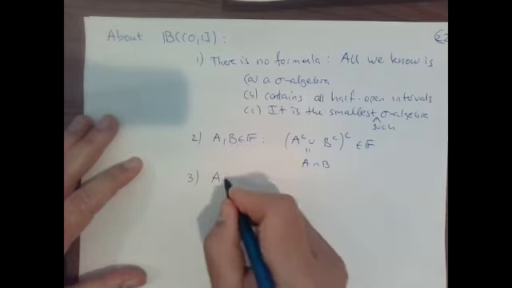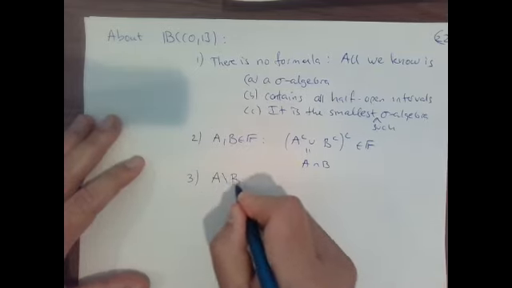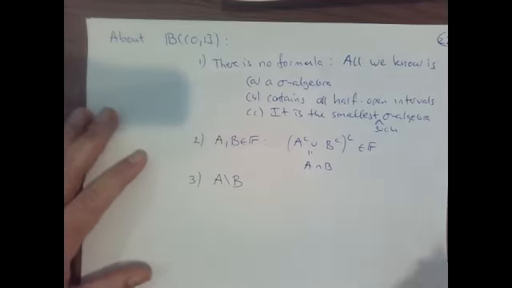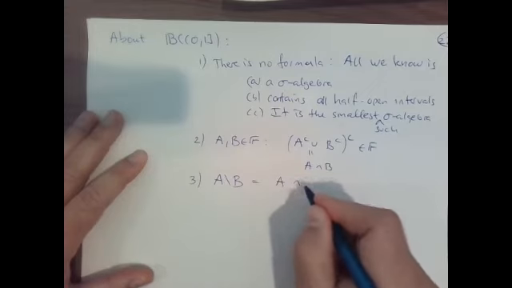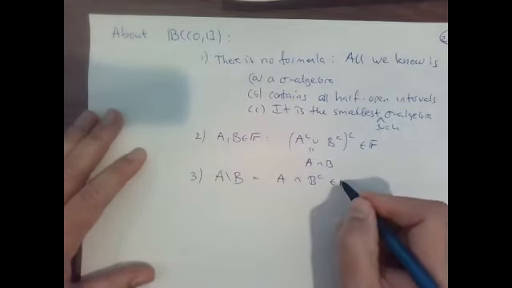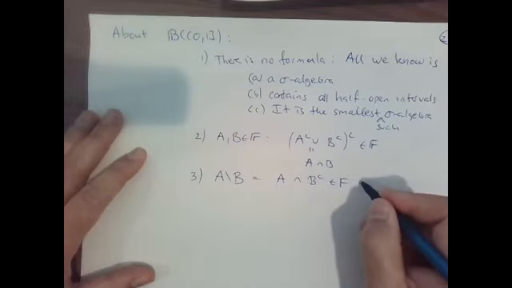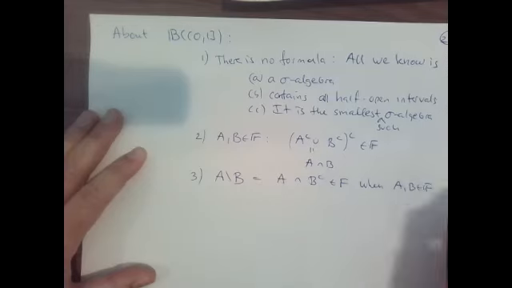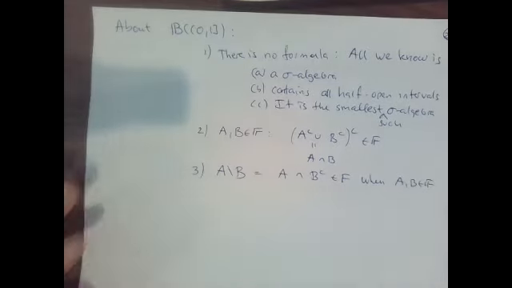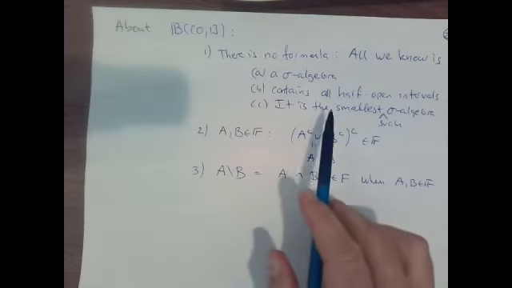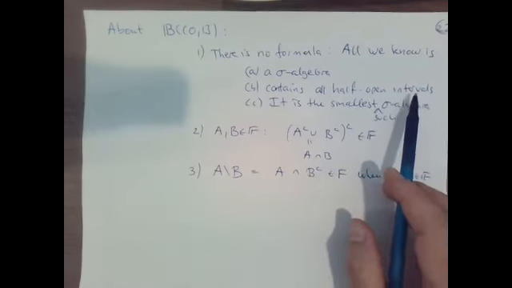If I take A less than B, I can write this as A intersection with B's complement, and this belongs in there when A and B are there. So you see, there are more sets than just these half-open intervals.